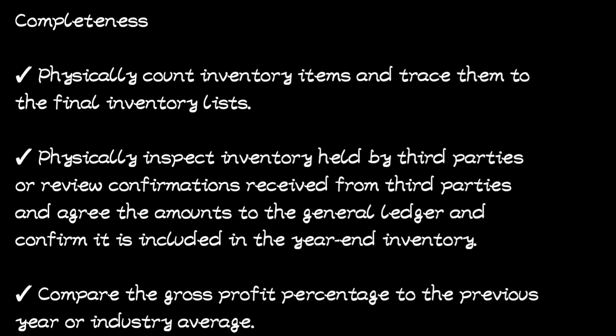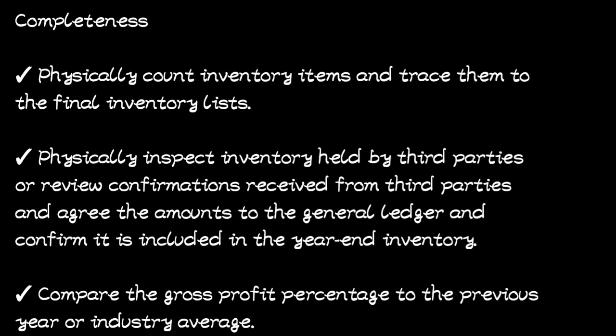Then secondly, physically inspect inventory held by third parties, that is consignment inventory. In case the company has inventory that is being kept by someone else, the auditor should inspect that inventory and review confirmations received from third parties on whether they have agreed that they are actually keeping inventory that belongs to the organization.